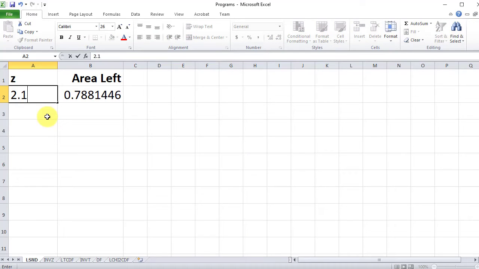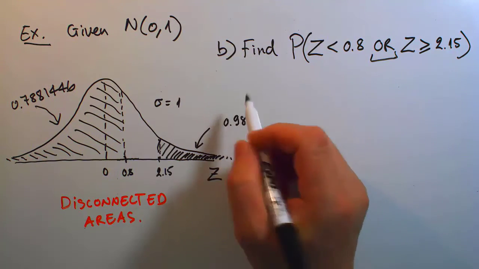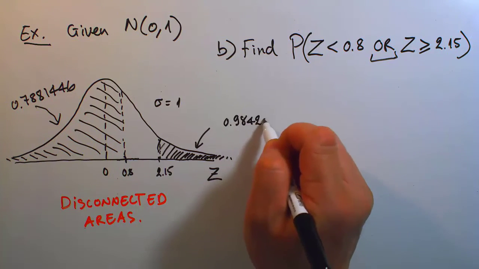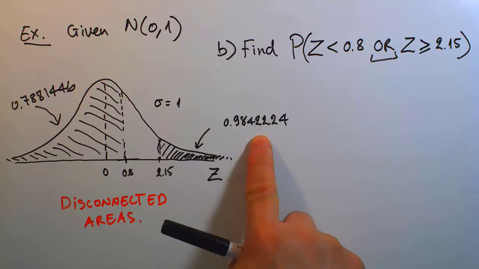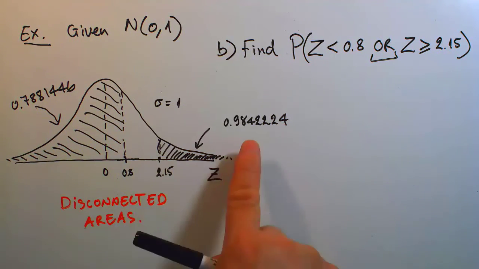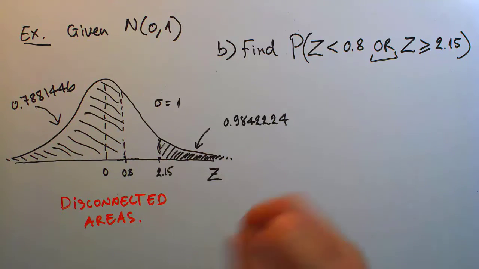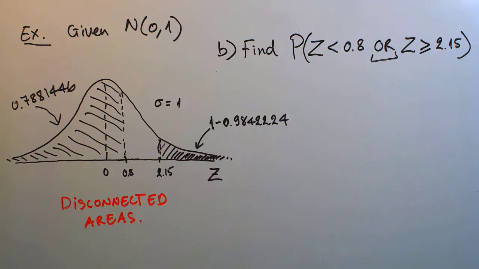So 2.15 in my own program gives me this area to the left being 0.98422224. But this is the big area to the left of 2.15. It's not the area of the little tail here. So remind yourself, as in previous examples, we're going to need to subtract this from 1.